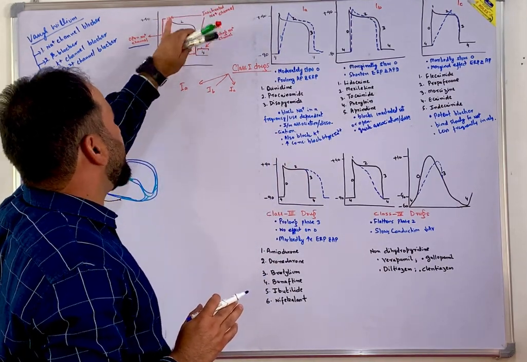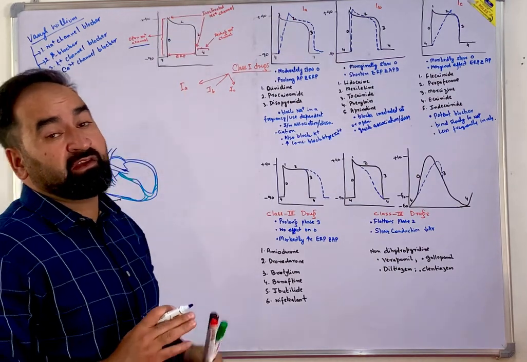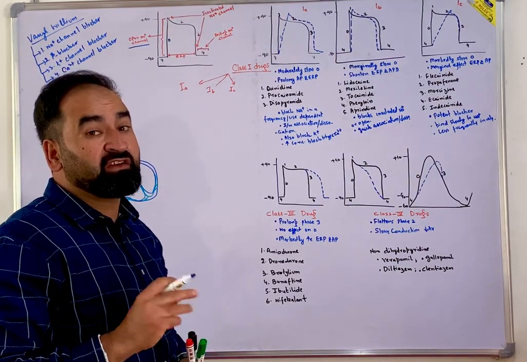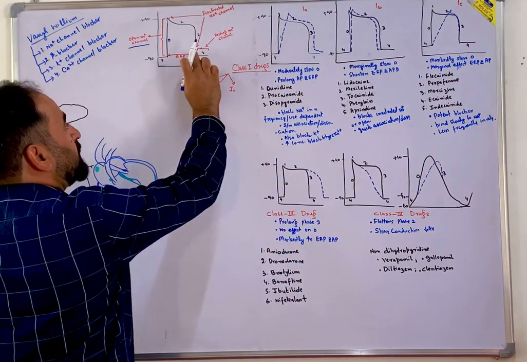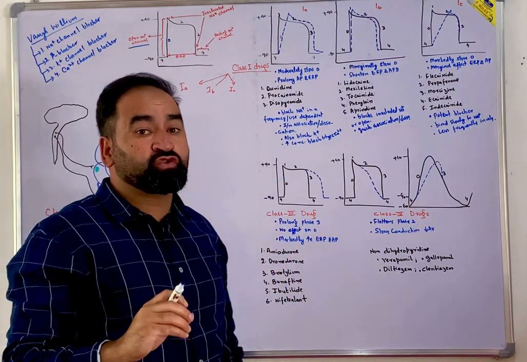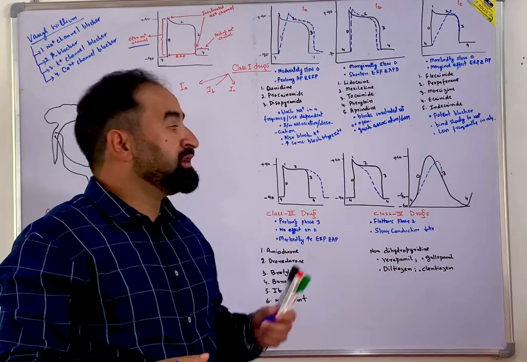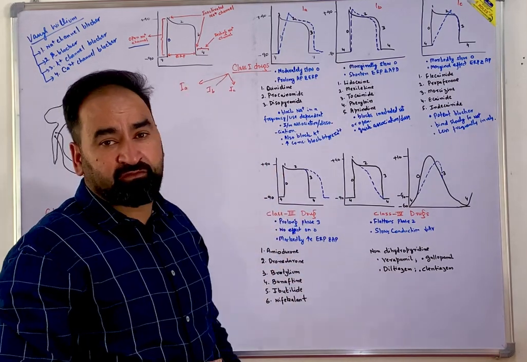The sodium channel is inactivated when the potassium channel starts opening for a brief time, and when it is going to put the cell back in the resting phase.